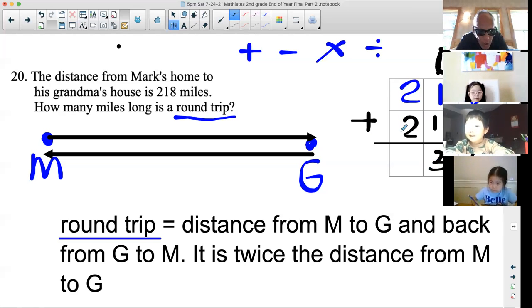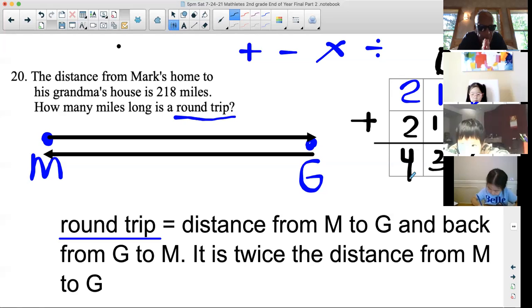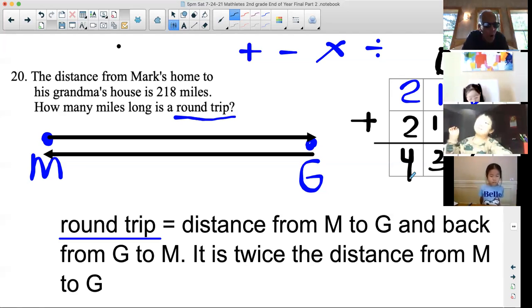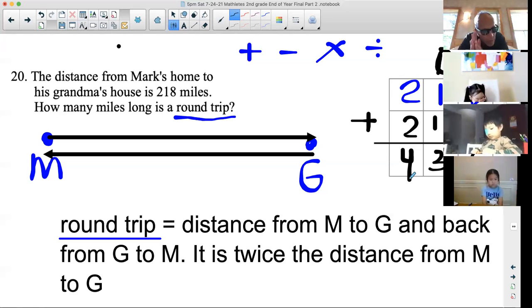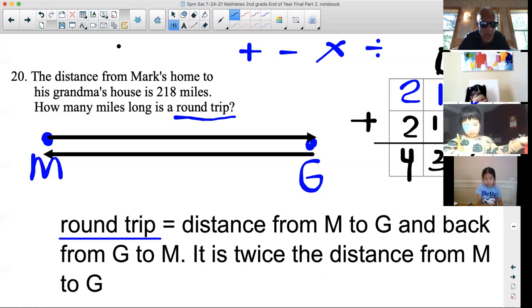And 2 plus 2 is? 4. Therefore, double 218 is 436. The round trip from Mark to Grandma and Grandma to Mark is 436 miles. Very nice job.